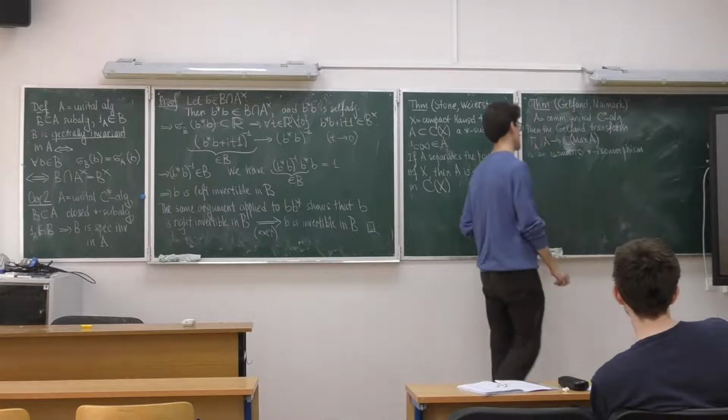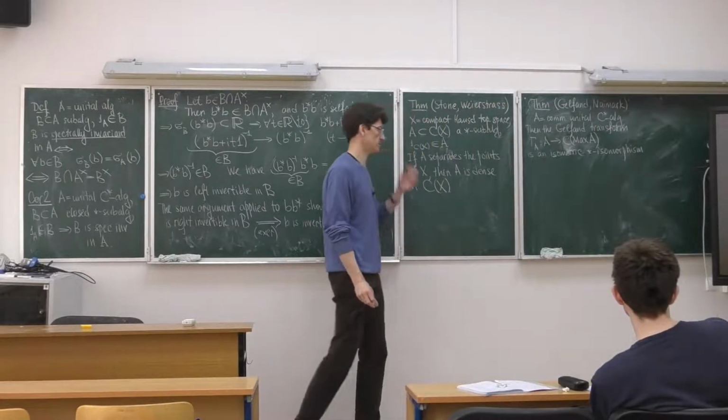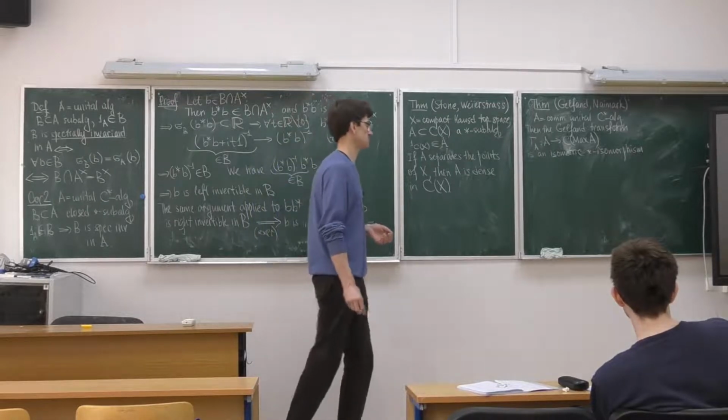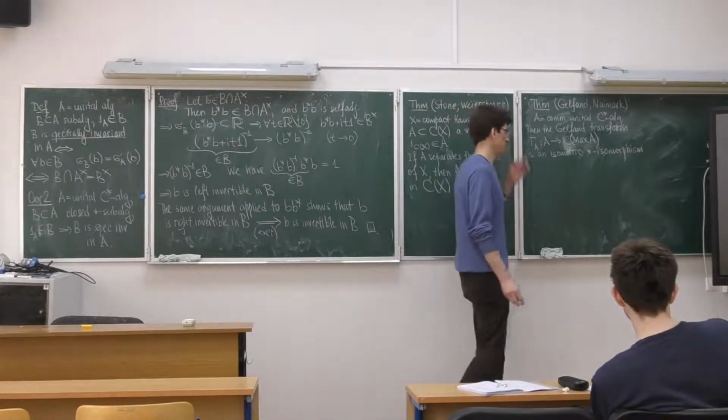In particular, we see that each commutative unital C-star algebra is isometrically star isomorphic to the algebra of continuous functions on a compact Hausdorff topological space.